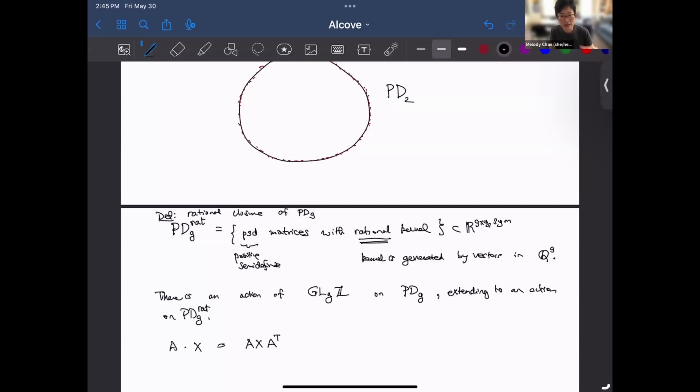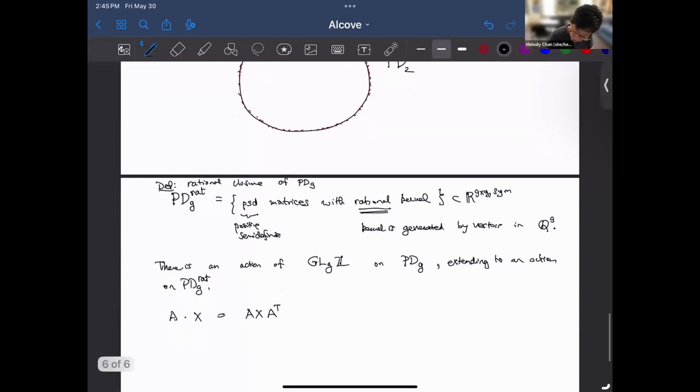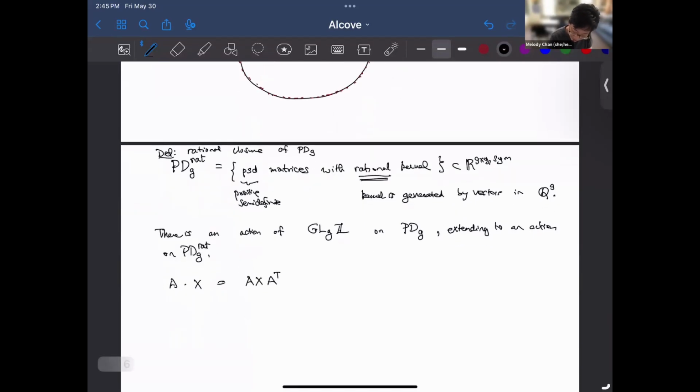And this amounts to an integer change of basis, regarding your positive definite matrix as providing the data of a bilinear form. So what we're going to be interested in is the space PDG modulo this action.